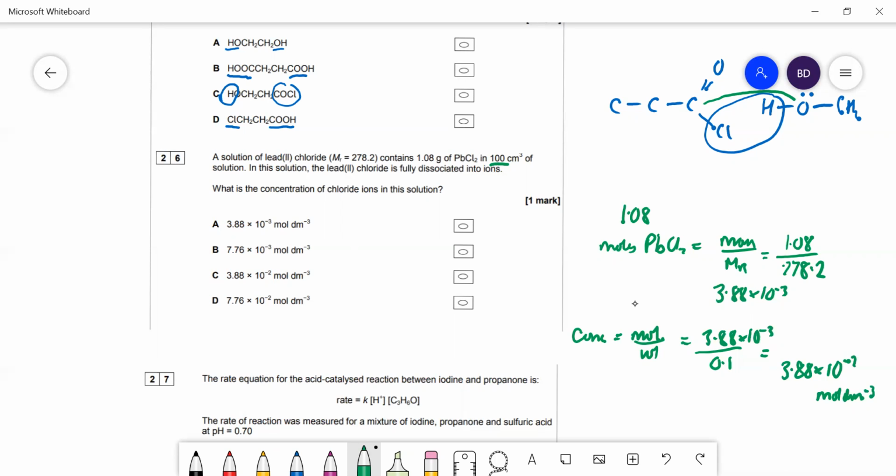And then we have the concentration of chloride. So 1 mole of lead chloride contains 2 moles of chloride ions in solution. So we've got to multiply that by 2. Which gives us a concentration of 0.0776 moles per decimeter cubed. Right, and that is times 10 to the minus 2. Okay, that's equal to 0.0776. It's that one. Okay.